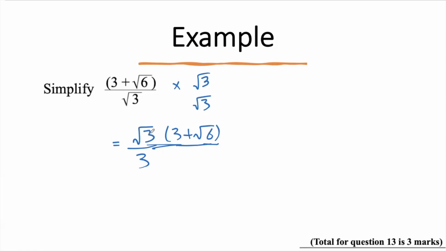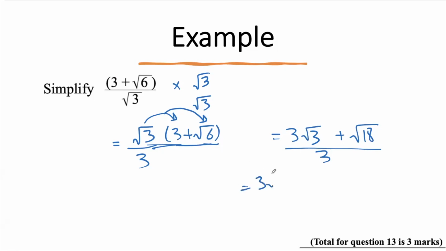So root 3 times 3, now we need to expand. Root 3 times 3 is 3 root 3, and then root 3 times root 6 is root 18, over 3. Now, to simplify root 18, remember we have to find the highest perfect square number that goes into 18.